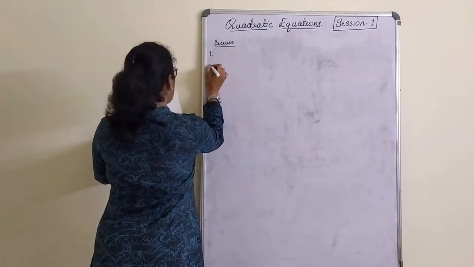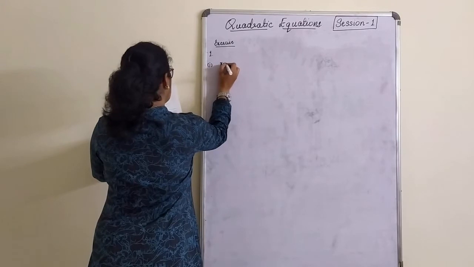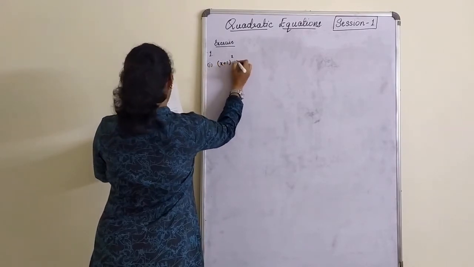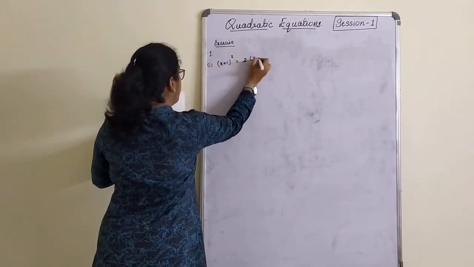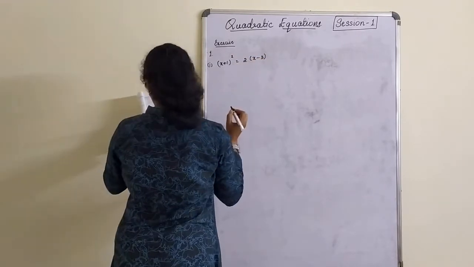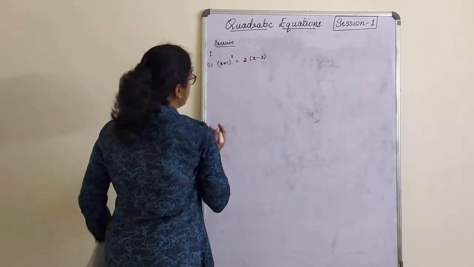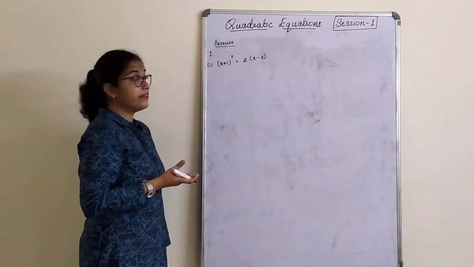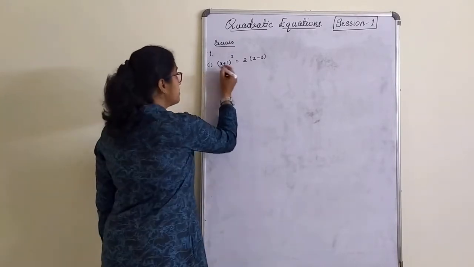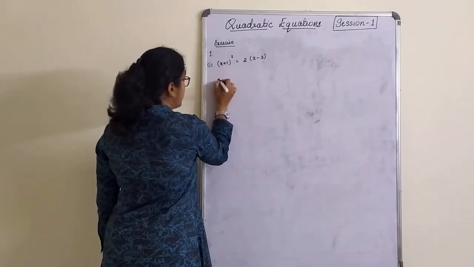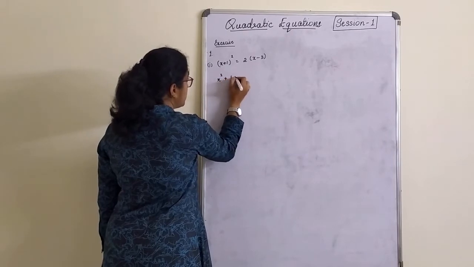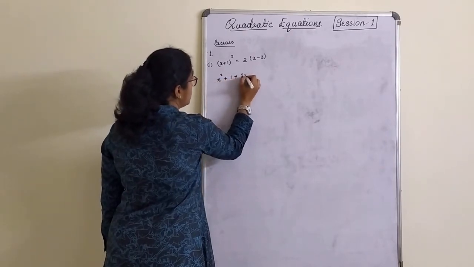First one, x plus 1 whole square is equal to 2 of x minus 3. So looking at this, you cannot tell whether it is a quadratic or not. Let us solve it. a plus b whole square is a square plus b square plus 2ab.